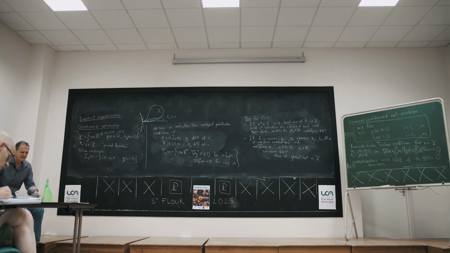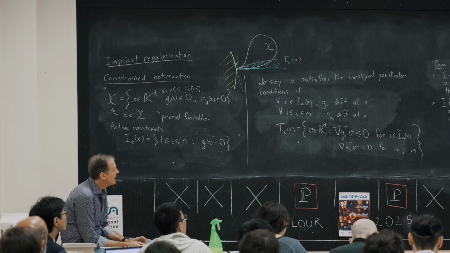Okay, so in the elegant case where f is convex, where these conditions on g and h imply that the constraint set X is convex, these KKT conditions are necessary and sufficient for optimality. But quite generally, they're a necessary condition for local optimality.